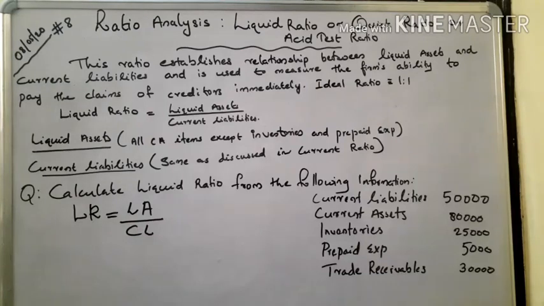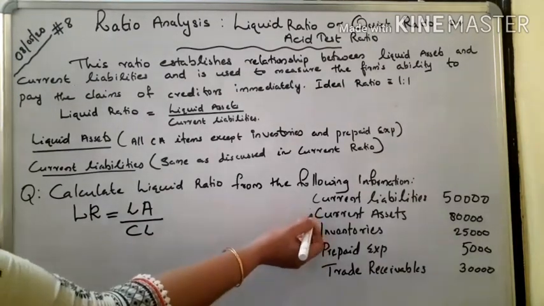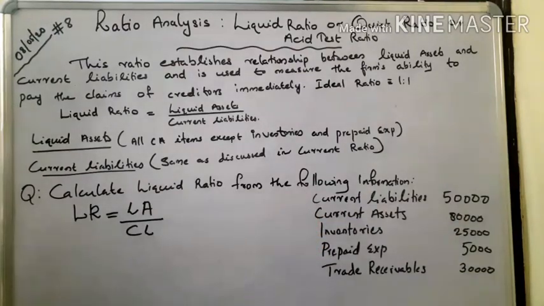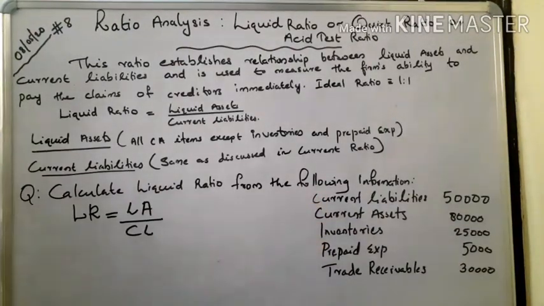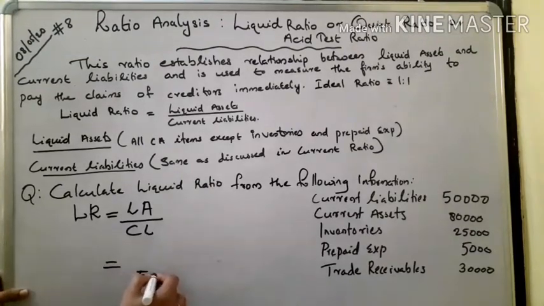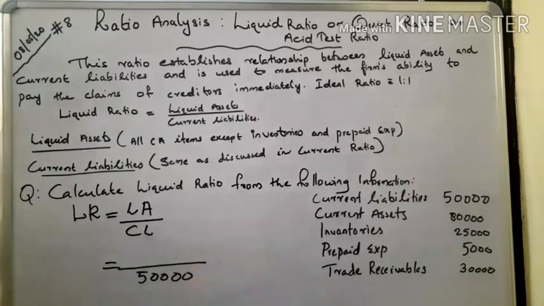Then what are the liquid assets? Current assets are given in the question. Current liabilities are also directly given, so we can write them directly, because all the current liabilities items are considered for calculating liquid ratio.